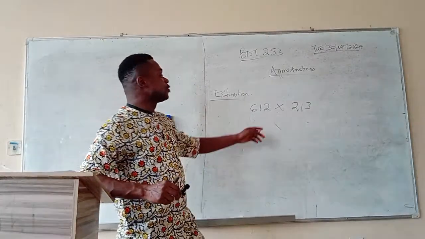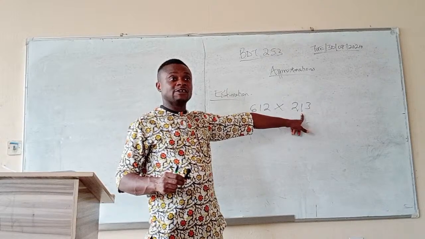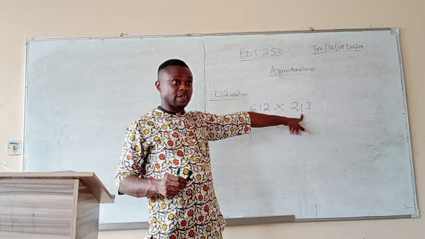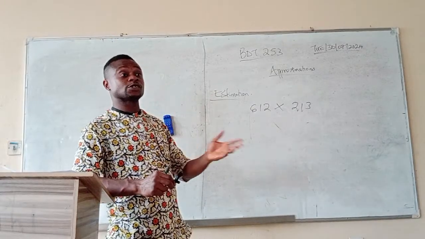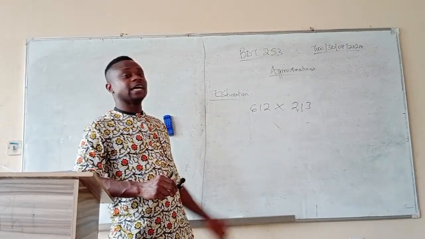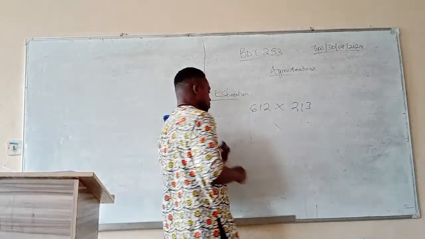Had we only had 21 here, that would have made it 12,000. But since we have 2 zeros from the numbers plus 2 more, 4 zeros, it is 120,000. Then calculate the value. Let's see the actual value.